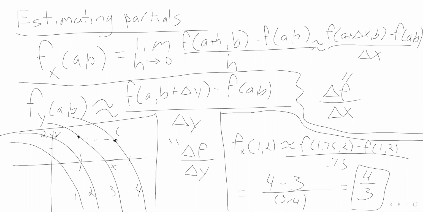How did we get the 4 and the 3 again? These are the level curves. This is the level curve where our second point is, f(x, y) equals 4, the set of all points where the value of our function is 4. So this point lies on that level curve, and the value of the function there is 4.